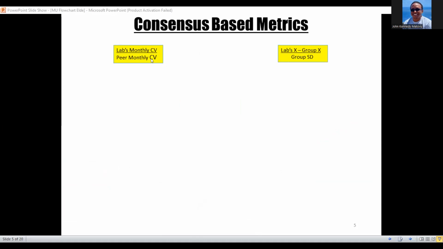There are 2 formulas here, the one on your left, which is also my left, and the one on the right. Let's start with the one on the left. The formula is given here: lab's monthly CV divided by peer monthly CV. This is a formula for which consensus-based metric before? On the chat box, please.